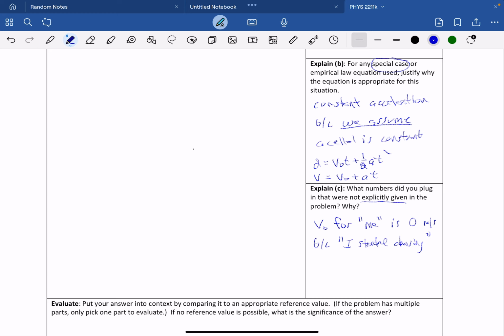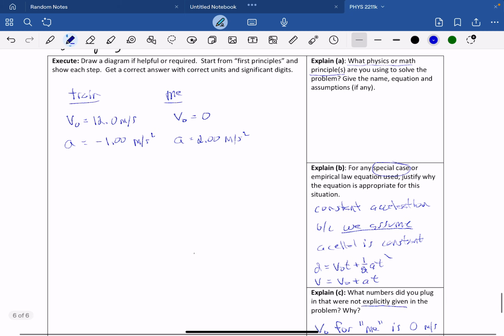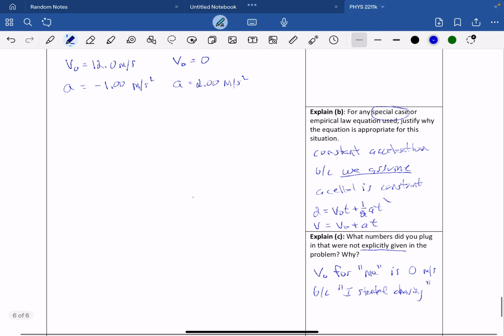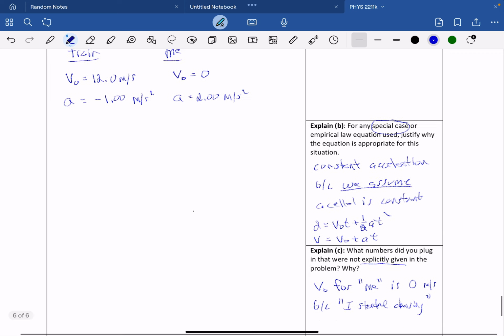I was just standing there. So this is the kind of thing that we have to read the problem carefully. If the information's not given explicitly in the problem, we have to sort of explain why it is we are using that number. And initial or final velocity of 0 is a really good example of something that might not be given explicitly, but the context clues are there.